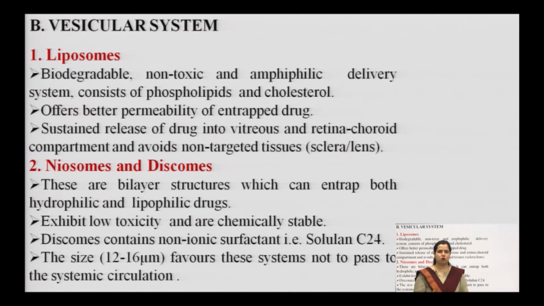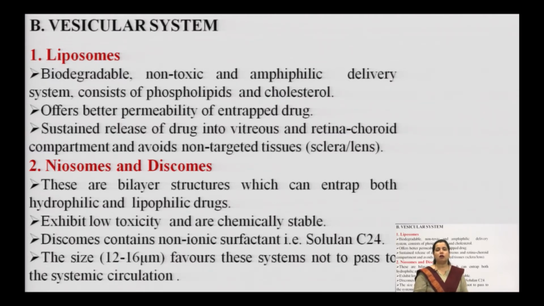What are liposomes? These are bilayered vesicles which are biodegradable, non-toxic and amphiphilic systems, right. Liposomes are made up of phospholipids, right. These consist of a bilayer vesicle structure and are made up of phospholipids.